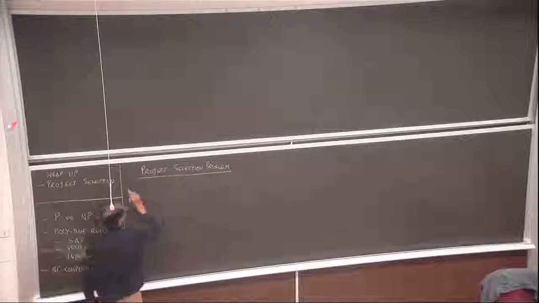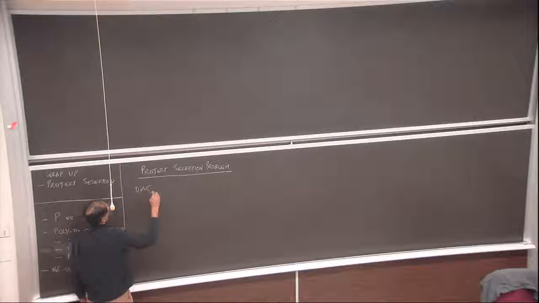So let's begin by reminding you what the project selection problem was. You're given a DAG, G, whose vertices are projects.